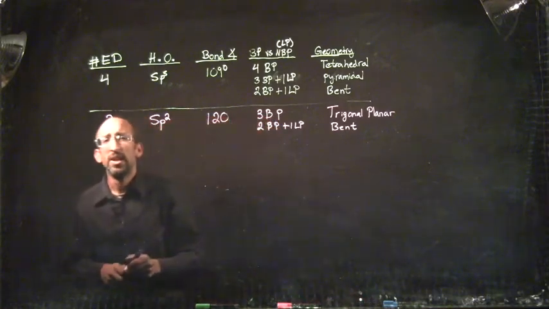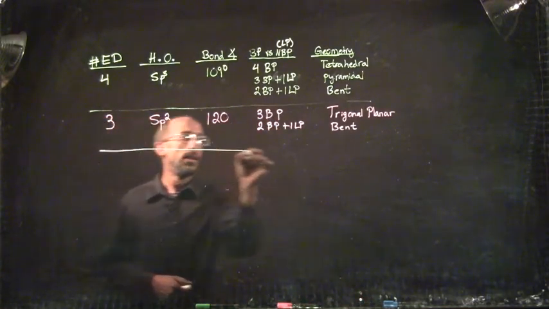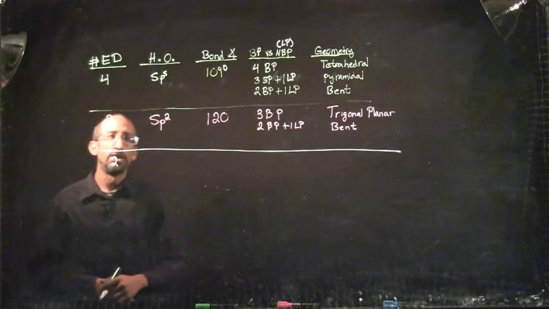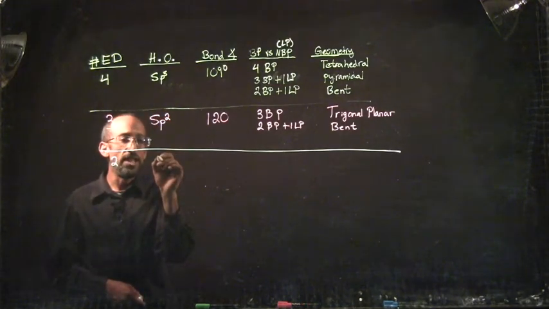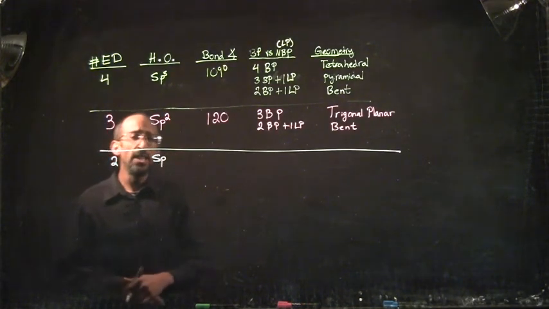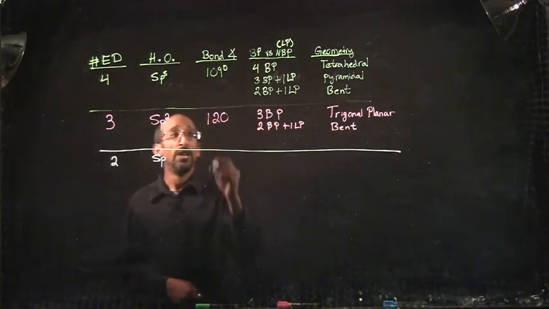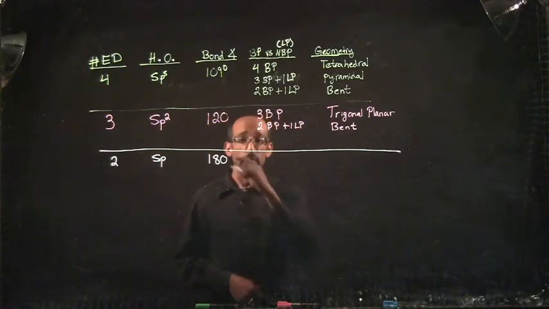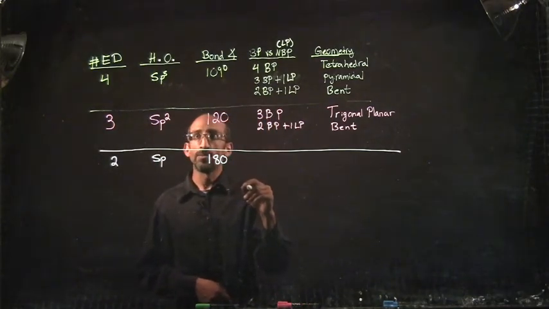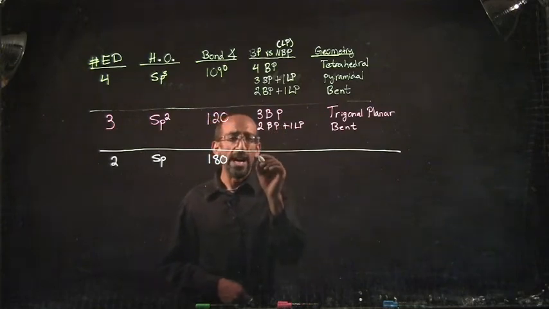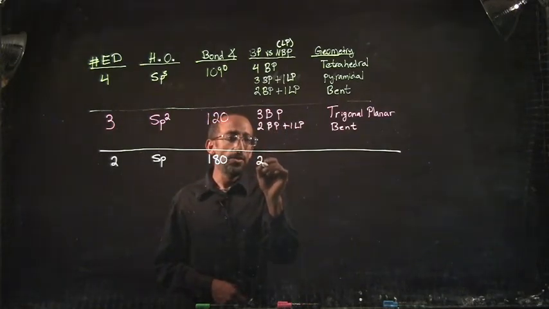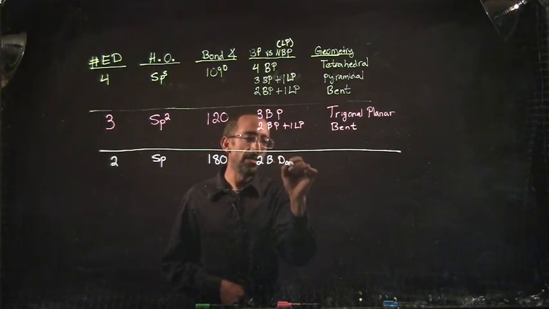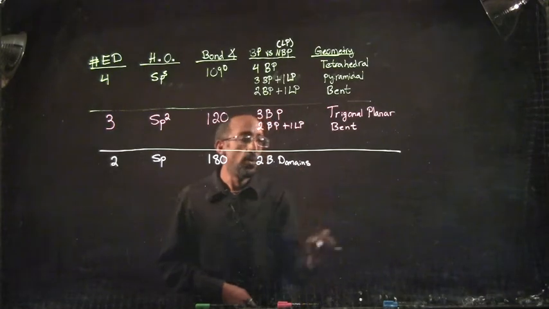Finally, for 2 electron domains, we will use the sp hybrid orbital set. Our bond angles will be 180 degrees. If we have 2, and I'm going to modify this, bonding domains, we will be linear.